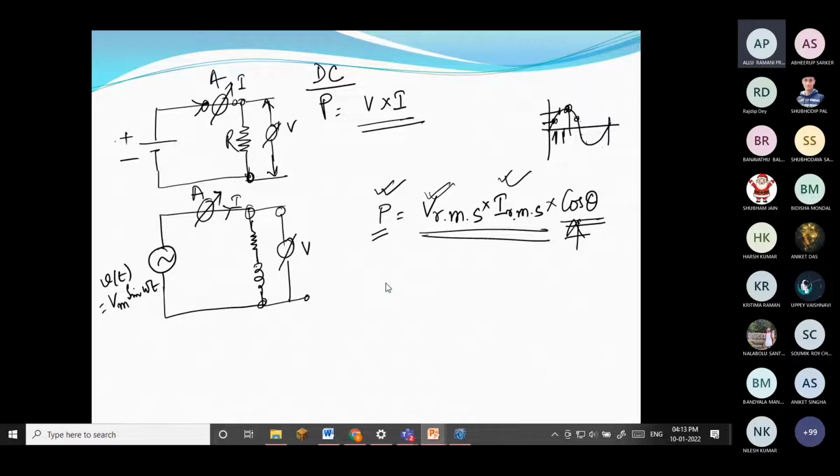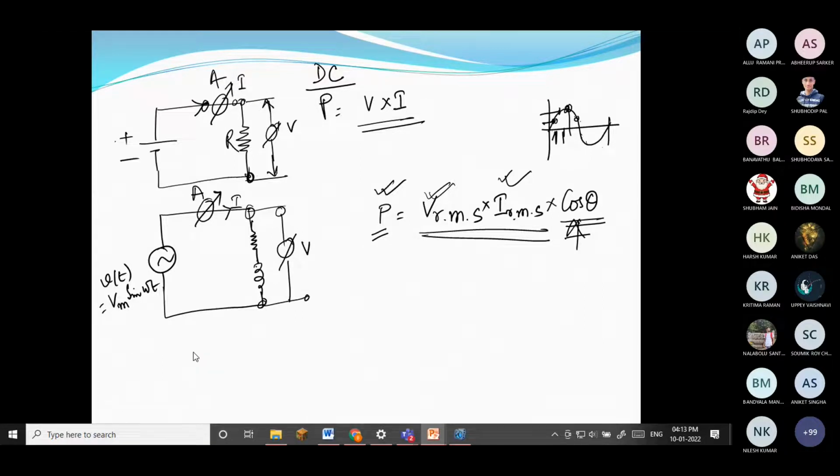In the last class, I demonstrated that if it is a DC circuit, say we have a resistor and we are exciting it by a DC battery, then the current flowing through the resistor can be measured by a DC ammeter and a DC voltmeter. We will be able to get the current and voltage.